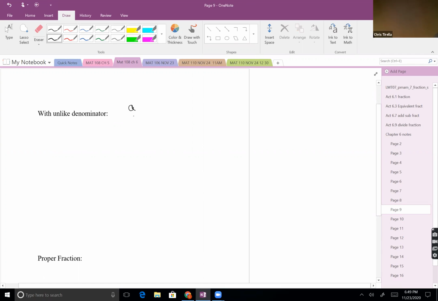If I have A over B plus C over D, we'd want to express with a common denominator. Which could be BD. And so I'd have to multiply this first fraction by D over D. And that would give me AD in the numerator.